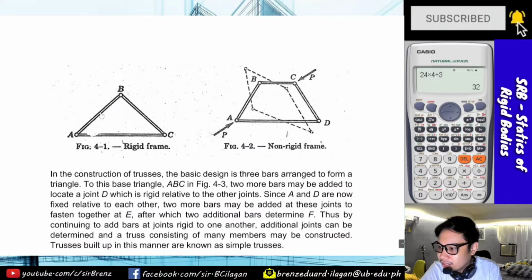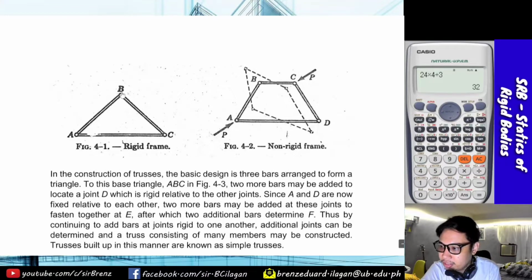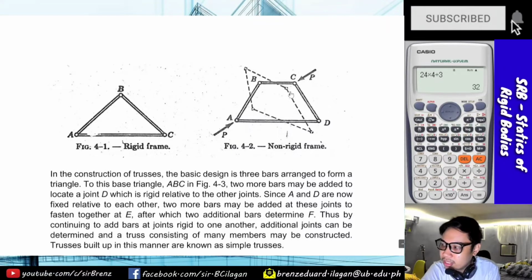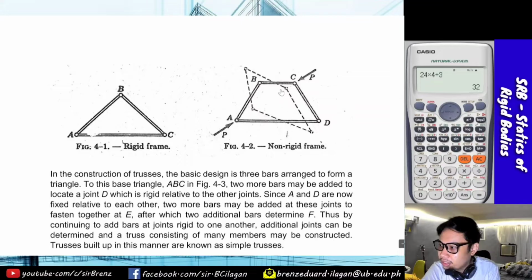Okay? So, mas maganda daw na in order for it to be considered as a rigid frame or a rigid structure, 3 member siya. Kapag 4 member yan, once na na-applyan niya ng mga load, may tendency siya na mag-deform or mawala sa original shape niya.